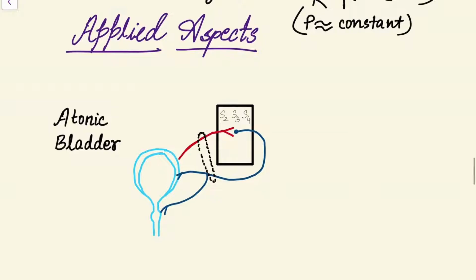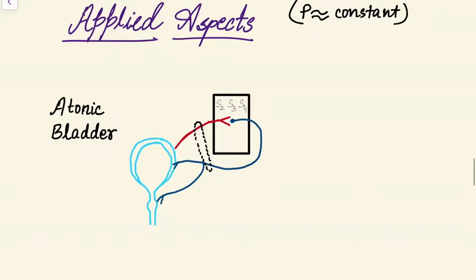Coming up to the applied aspects, wherein the name of the particular dysfunction helps us to know a lot about the underlying pathophysiology. So here, the name of this dysfunction is atonic bladder. Atonic means no tone.